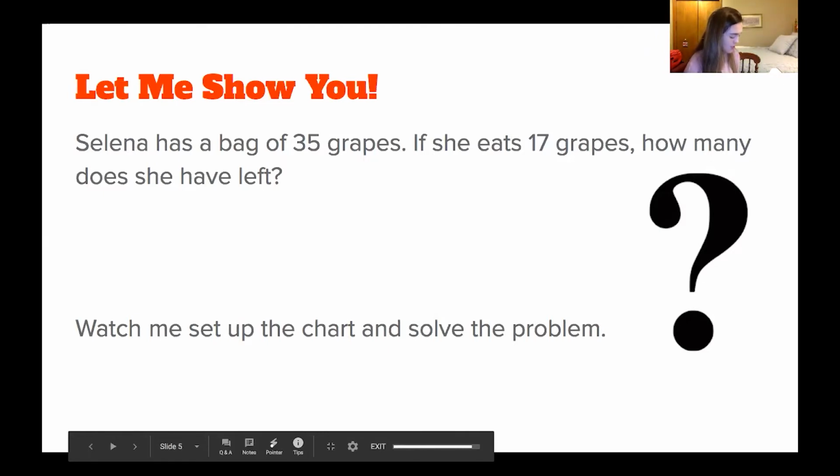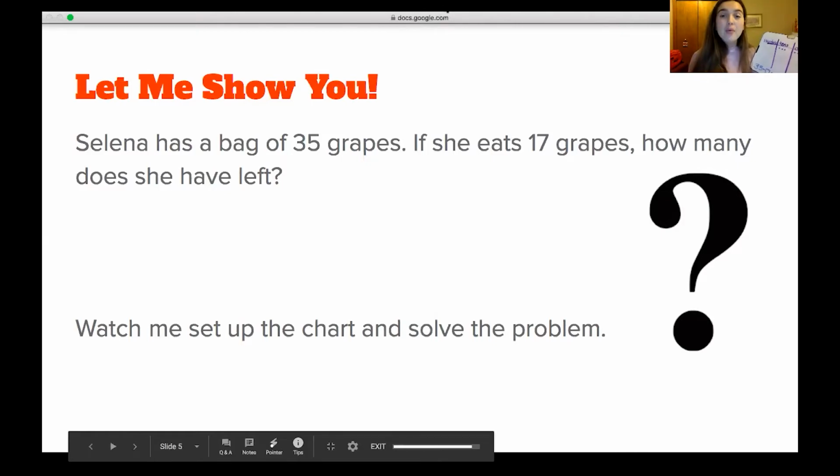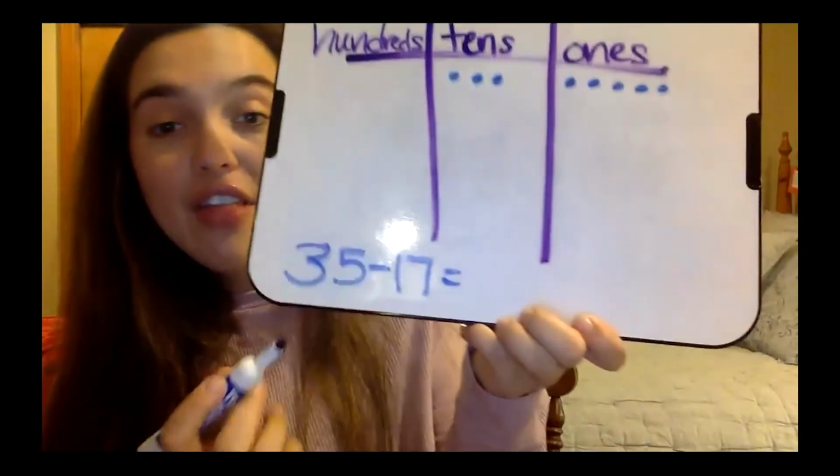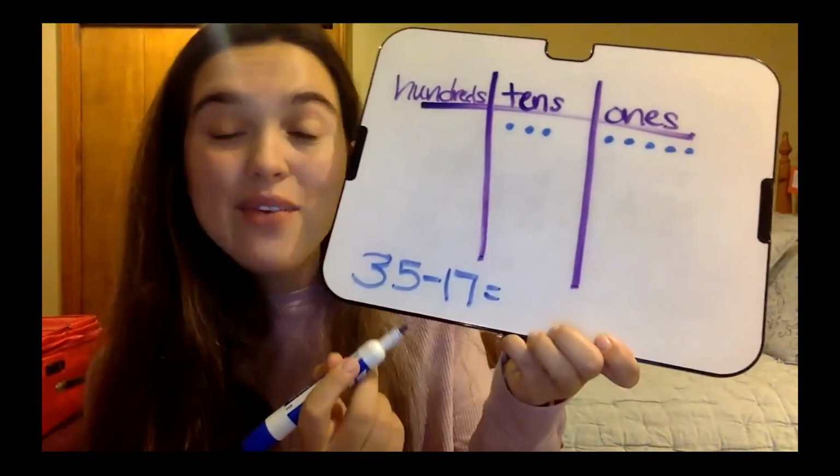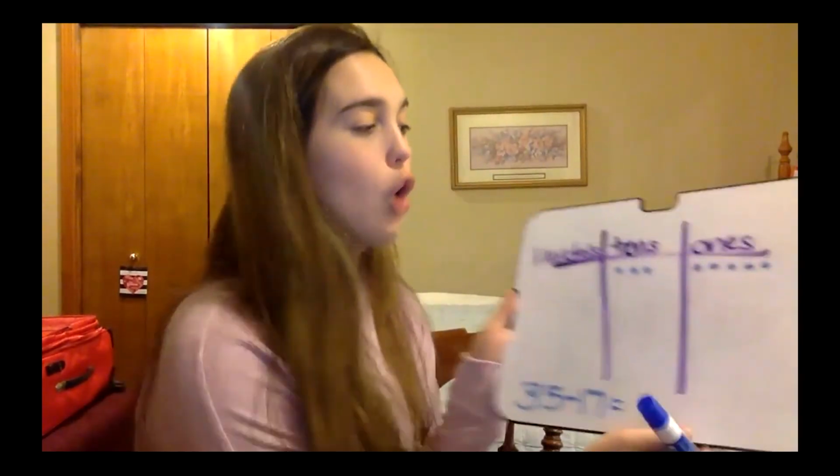The problem is going to be 35 minus 17 because she did have 35 grapes, but she ate 17 of them. So we're looking for that answer. I'm going to stop sharing my screen now that we have our number sentence down here so we can work this out together. All right.